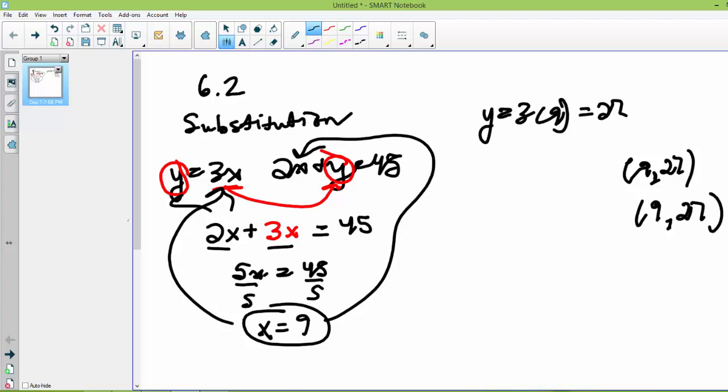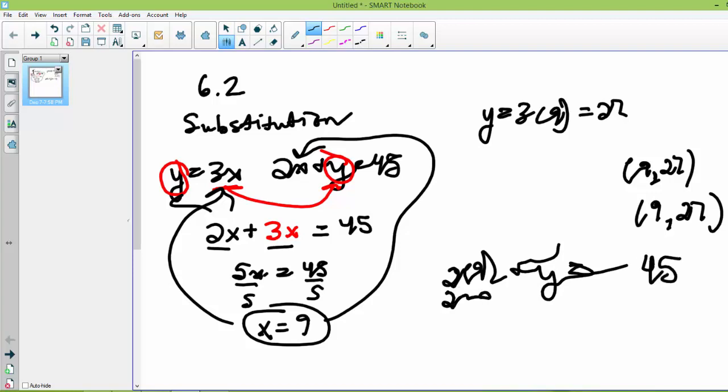If you plug it into the other equation, just to make sure it's correct, you have 2 times 9 plus y equals 45. So 2 times 9 is 18. And then you would subtract 18 from both sides.